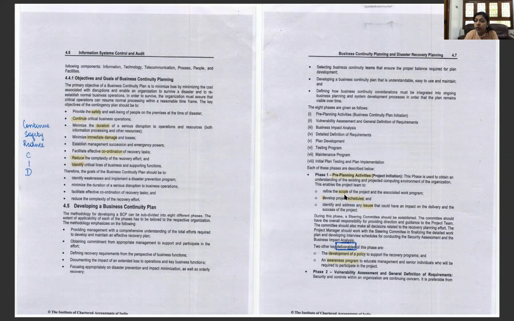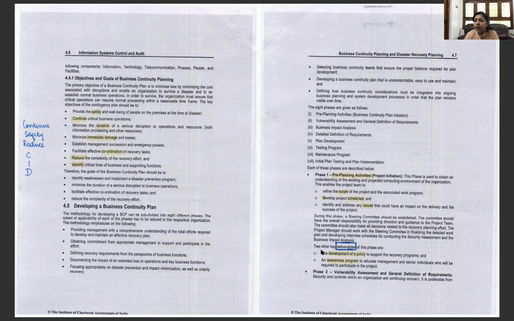We are going to see the scope, schedules and the issues. So you should refine the scope, develop the schedules and identify the issues. These are the activities we are going to be doing in the pre-planning stage.